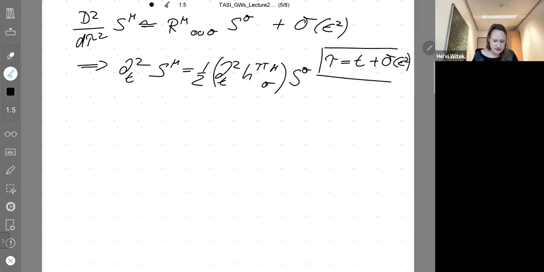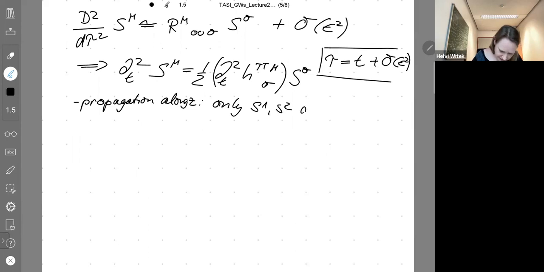And what we can see almost immediately, if we again assume that our wave travels along the z direction, is that only the s1 and s2 components are non-zero.